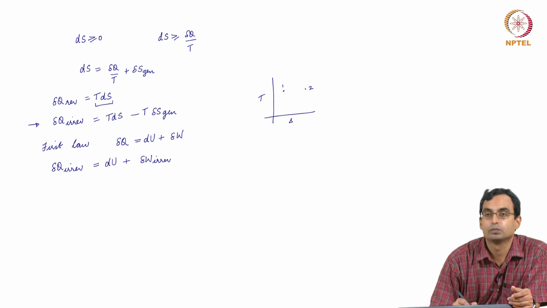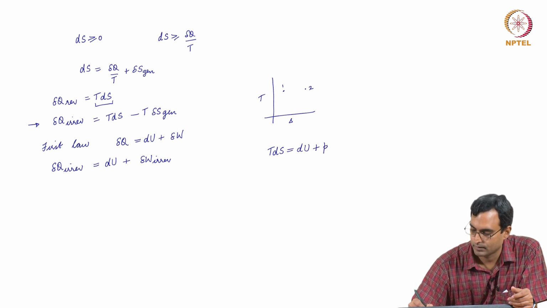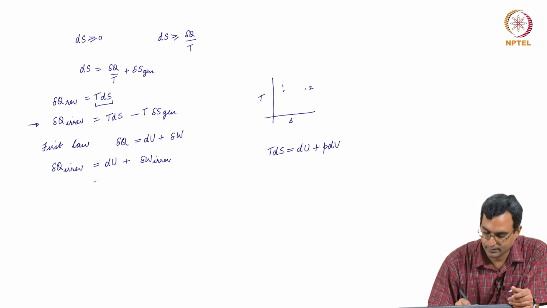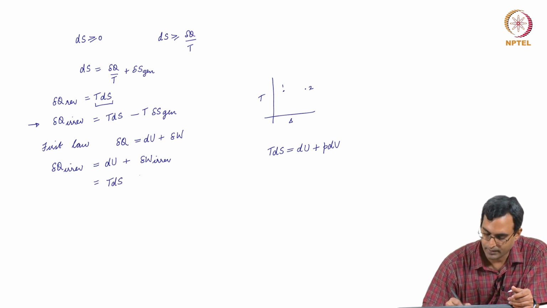Now, this du, I have the Tds relationship, I can replace this du as Tds minus Pdv.